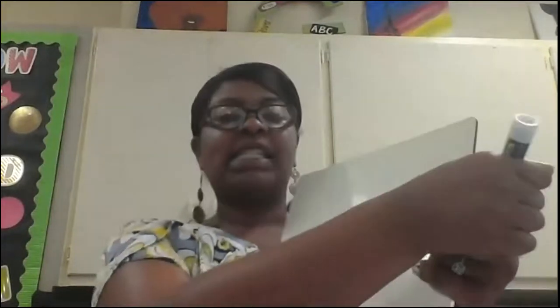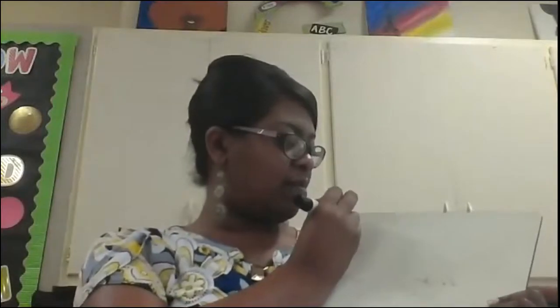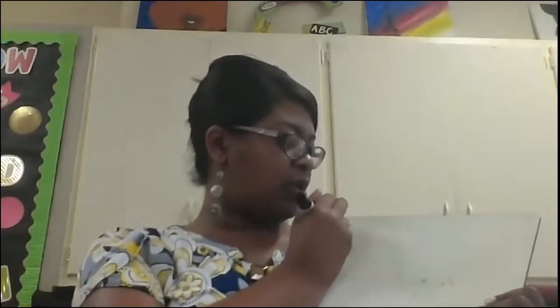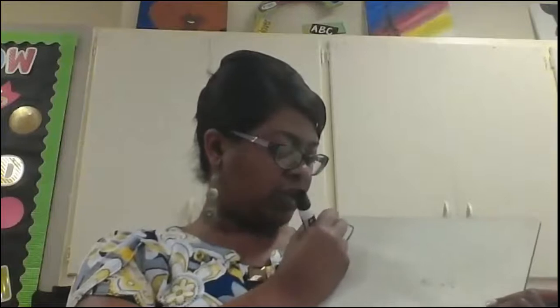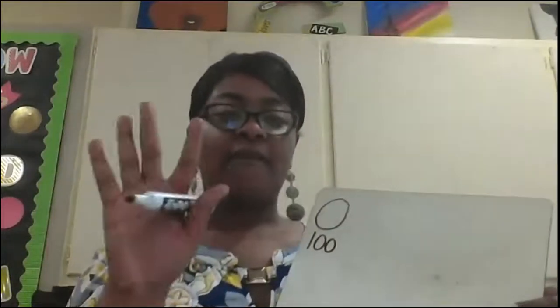We're going to write the numbers as we count. So I want to get to 105. And a penny is a circle. Okay, I have 99. What comes after 99? 100. So that's 100. And remember, I'm trying to get to 105.